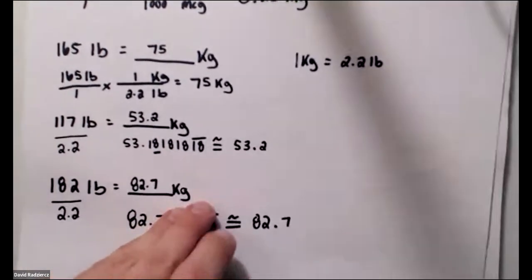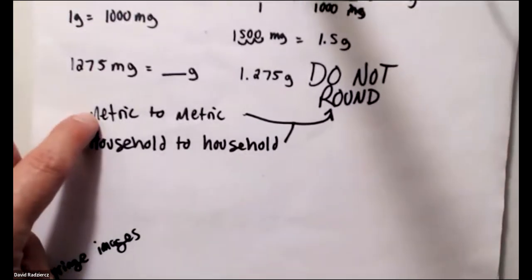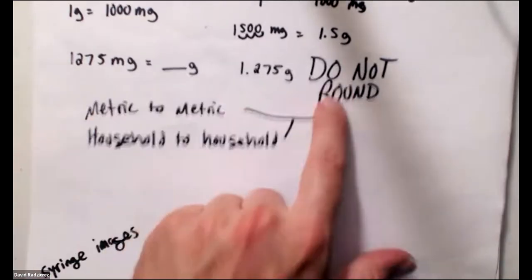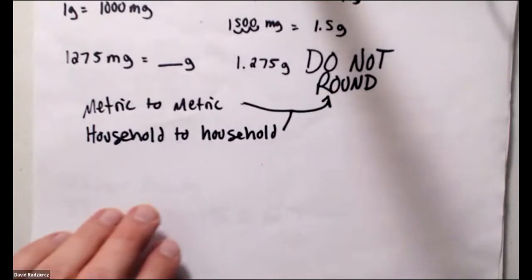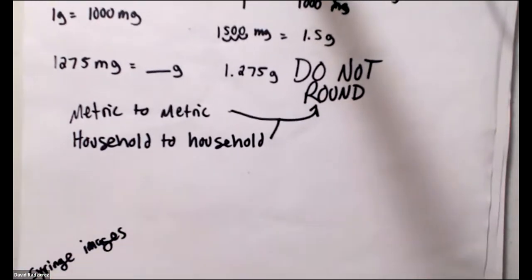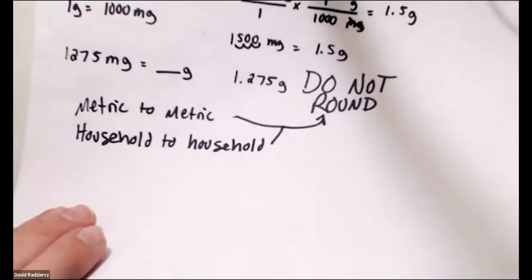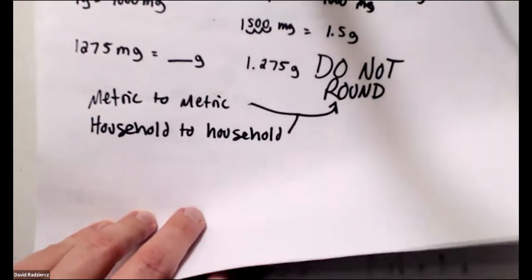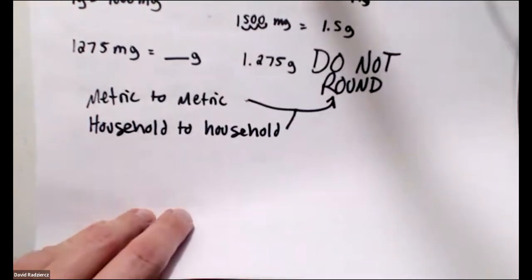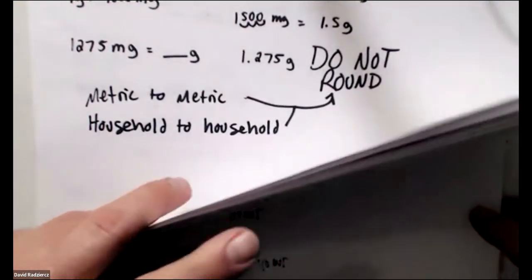And as a reminder, when you're going from metric to metric or household to household, do not round those answers. Leave them unrounded. And then another telltale sign is if you have this whole run on like 1.3535353535, that's a good indication that you need to round. And usually you're not going to see that when you're going within the same system, metric to metric or household to household.